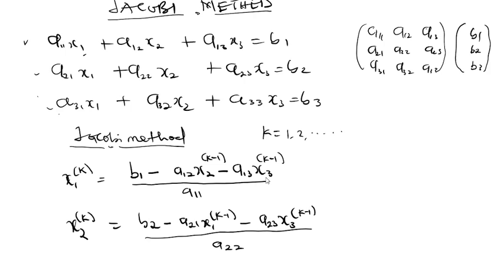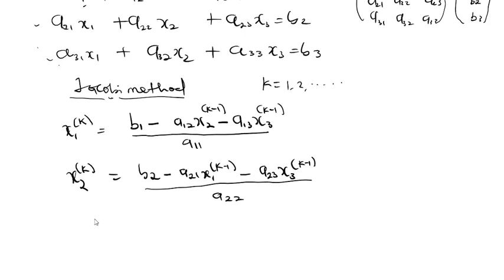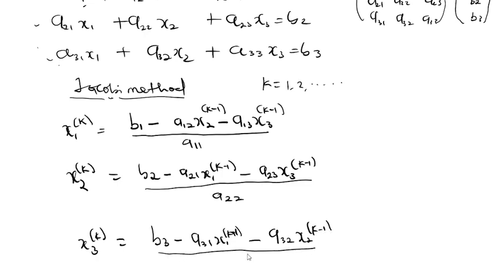Then the next one will be x3 exponent k equal to b3 minus a31 x1 exponent k minus 1, then minus a32 x2 exponent k minus 1, all divided by the coefficient of x3, which is a33.